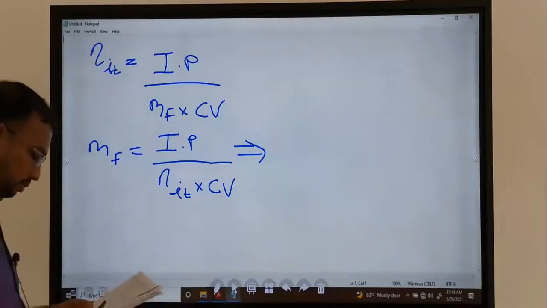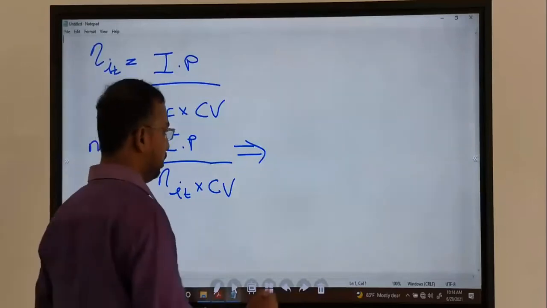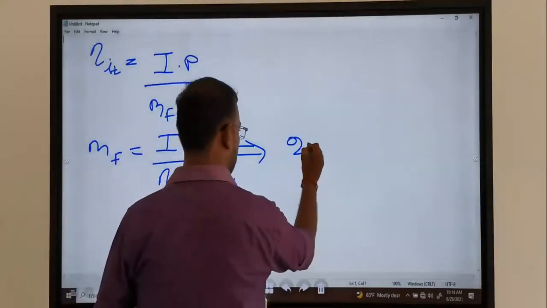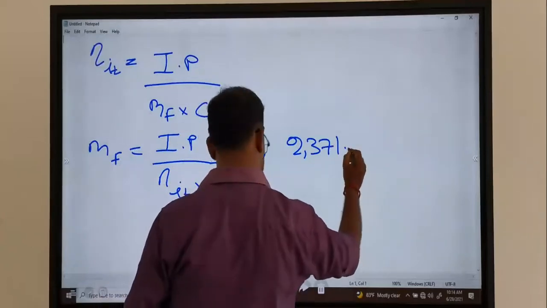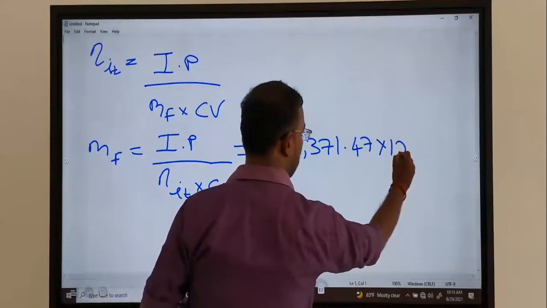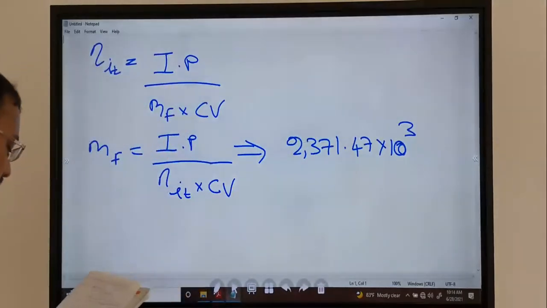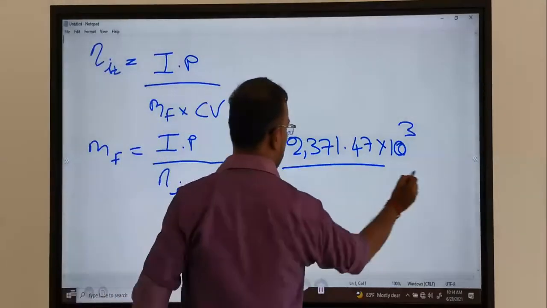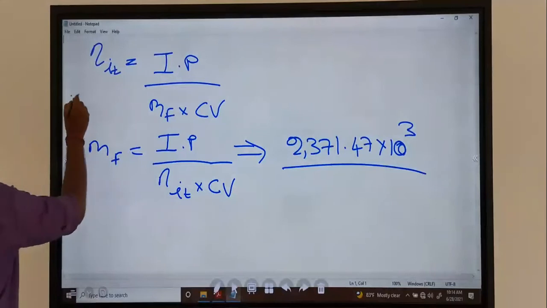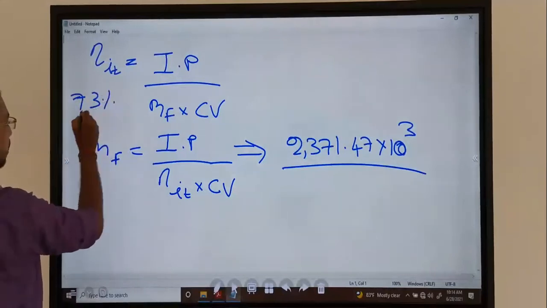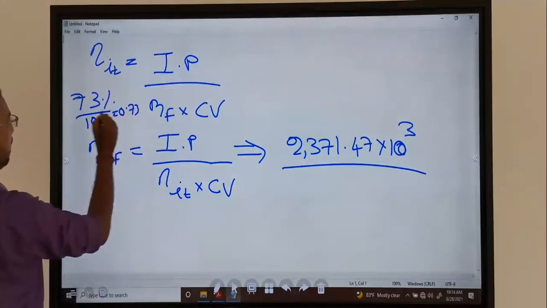Indicated power we know, so here use the watt: 371.47 into 10 to the power 3. And as I already told, the indicated thermal efficiency is 73%, so we have to divide by 100, so it comes to 0.73.